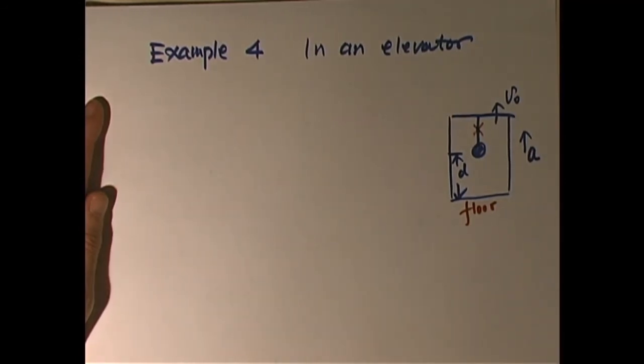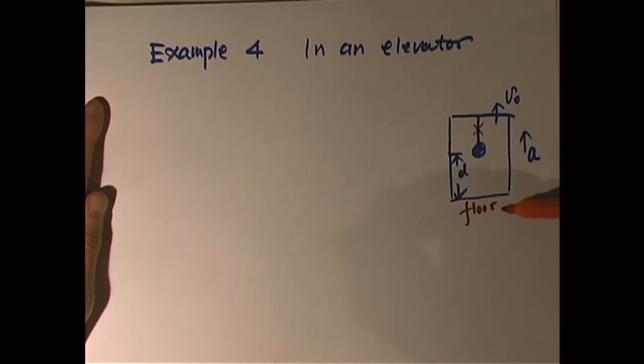So how do we solve this problem? Well, think about this. Initially, both the ball and the floor are with the elevator, so they both have the same initial velocity. But when the ball gets cut, the ball is under the influence of gravity, while the floor continues with an acceleration along with the rest of the elevator.